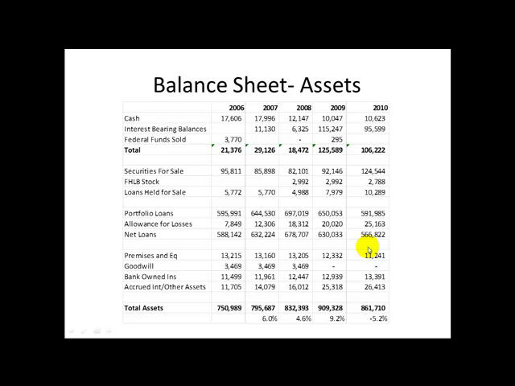Long term, it's challenging, and this is a consideration, because that's where the bank makes most of its money, in loans. And it's what we saw from one of the prior slides.